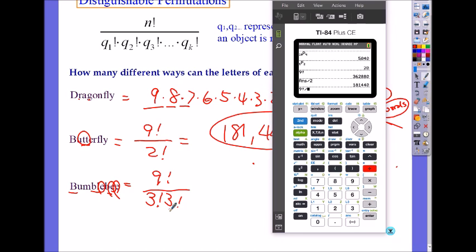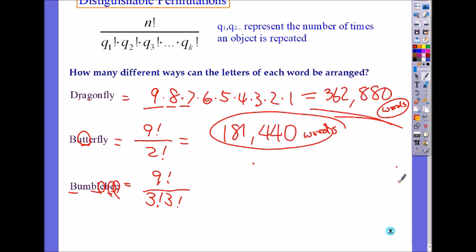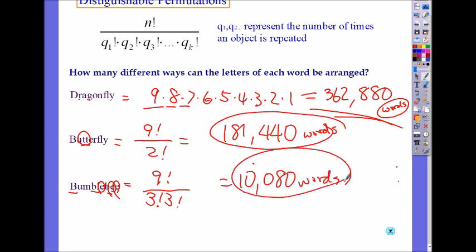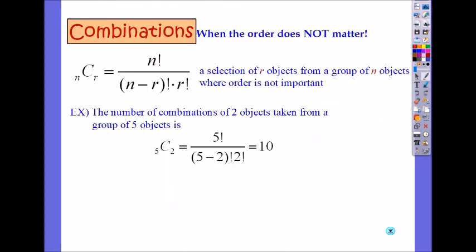So can I just divide it by 36? Or I'll divide by 6 and 6. If you want to just divide it once, make sure you put the parentheses. So now it is 10,080 words. It was a permutation, but they are called distinguishable permutations. Yeah, divide by 6 twice. That means divide by 36.